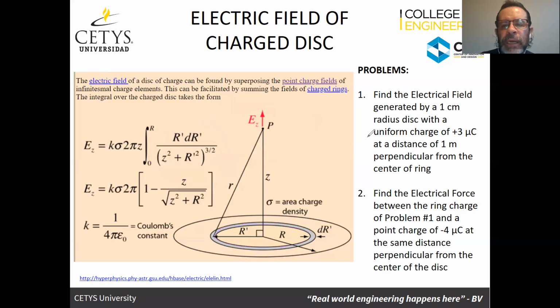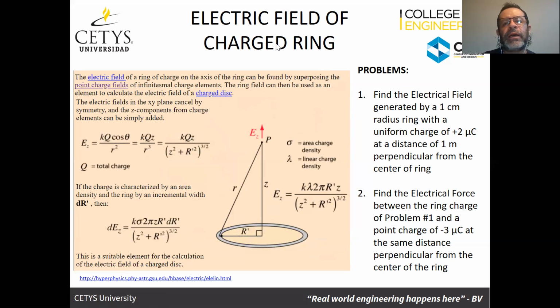Okay. Now, what I want you to do for Wednesday: in the previous slide, we had a couple of problems, similar to the other one. Find the electrical field generated by a ring that has a certain charge at a certain distance, and also find the electrical force between the ring and a charge that's located at that point.